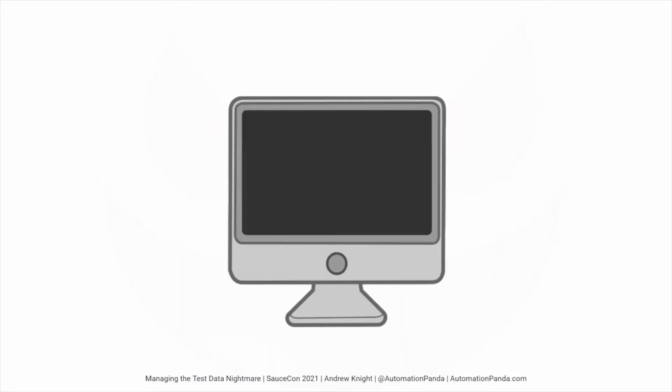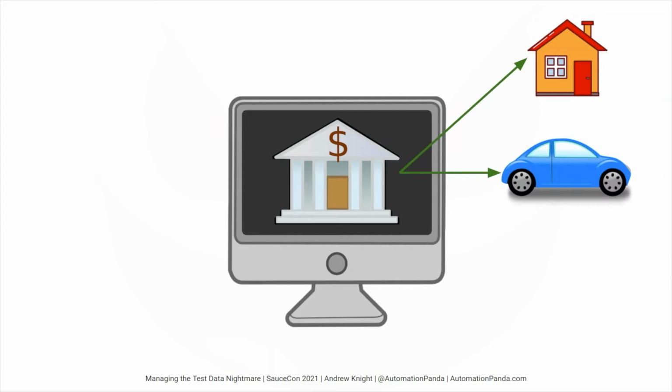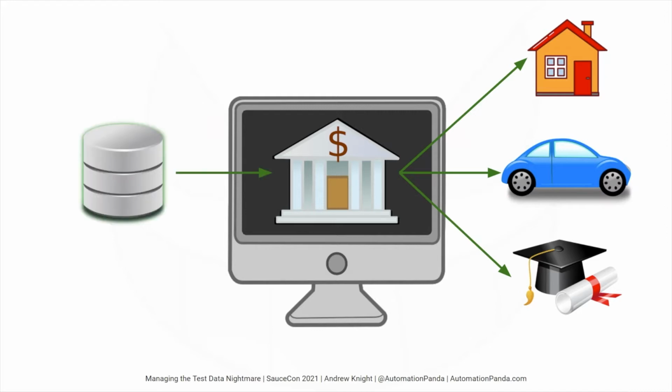Let's say we have an application for a bank to provide loans. The bank could configure this application for many different types of loans, such as a home mortgage, a car purchase, or a student loan. All of the information the bank needs to provide loans must be stored as data in the system.